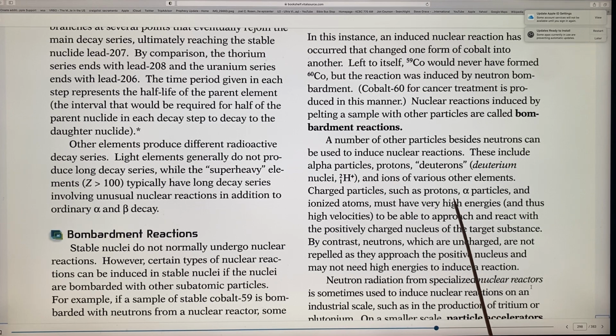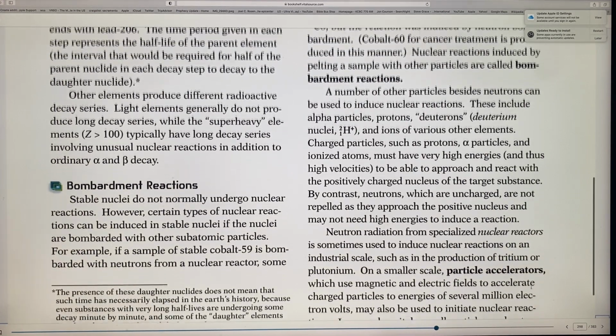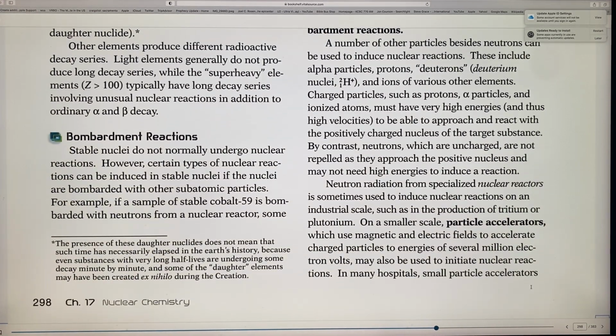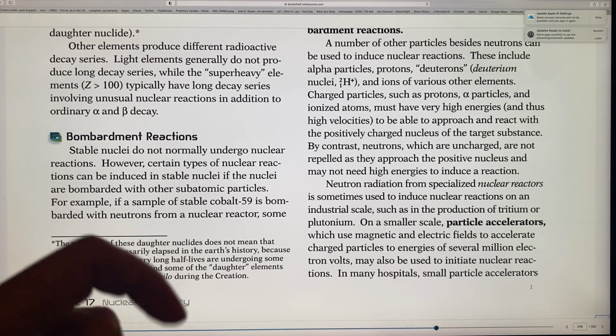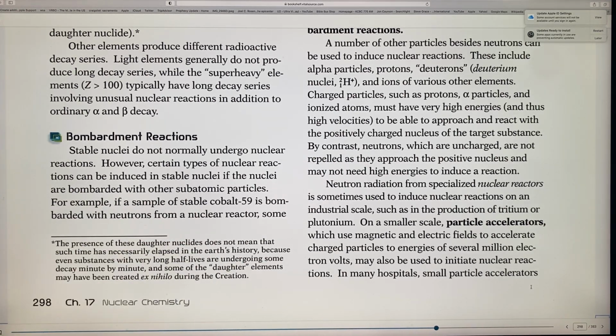Charged particles such as protons, alpha particles, and ionized atoms must have very high energies, and thus high velocities, to approach and react with the positively charged nucleus of the target. Neutrons are uncharged, so they're not repelled. So usually neutron bombardment is used.